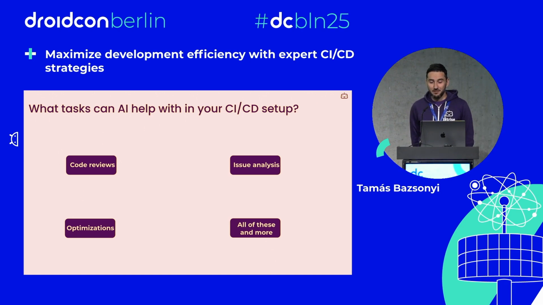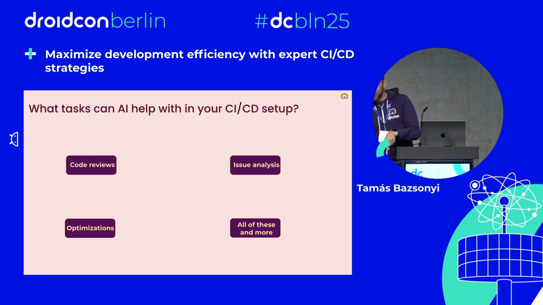Raise your hands if you say only through issue analysis. Raise your hands if you say only in optimizations. And raise your hands if you think all of them and more. And you were the first, so you are getting a plushie for your good answer. Which one would you like?